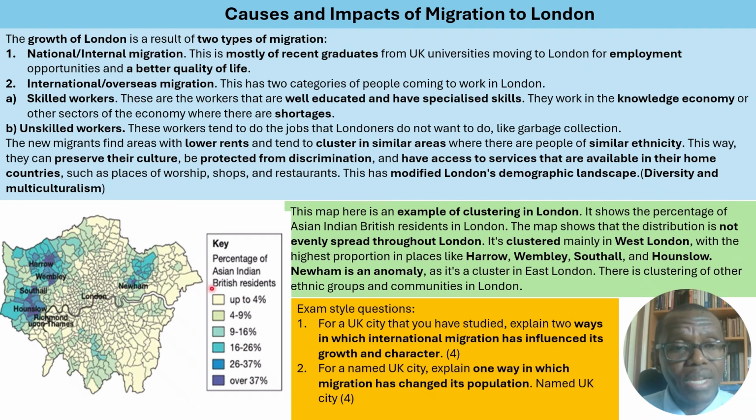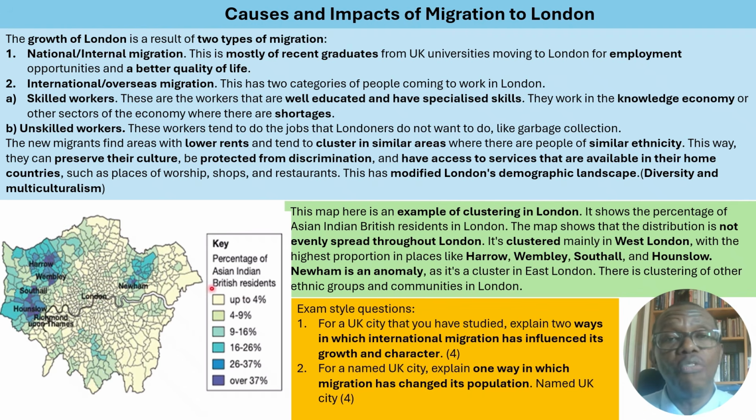And then the second type of migration is international or overseas migration. Now, this has two categories of people that come to work in London. And the first one here is of skilled workers. And these are the workers that are well educated and have specialized skills. Now, these workers are likely to work in the knowledge economy or in other sectors of the economy where there are shortages.